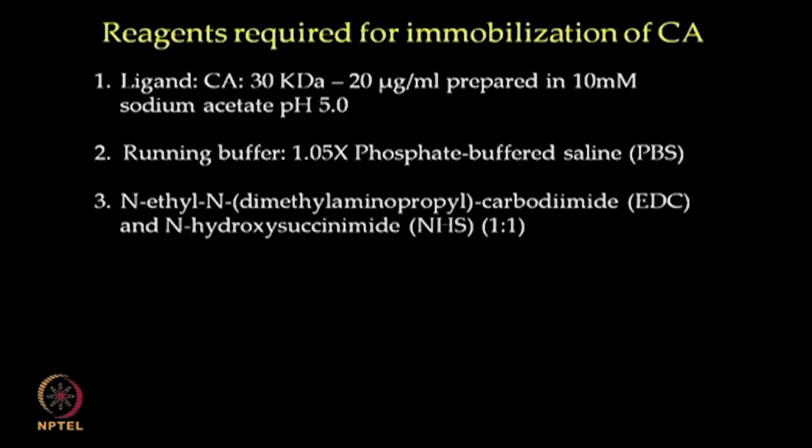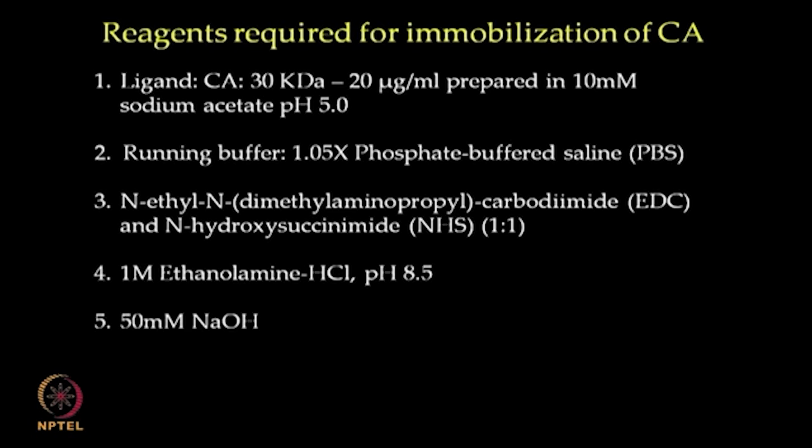EDC and NHS are prepared as suggested in the amine coupling kit for surface activation. 1 molar ethanolamine HCl pH 8.5 is prepared for blocking the free ester groups on the surface. Lastly, 50 millimolar NaOH was prepared, which will be used to remove the electrostatically bound ligand.